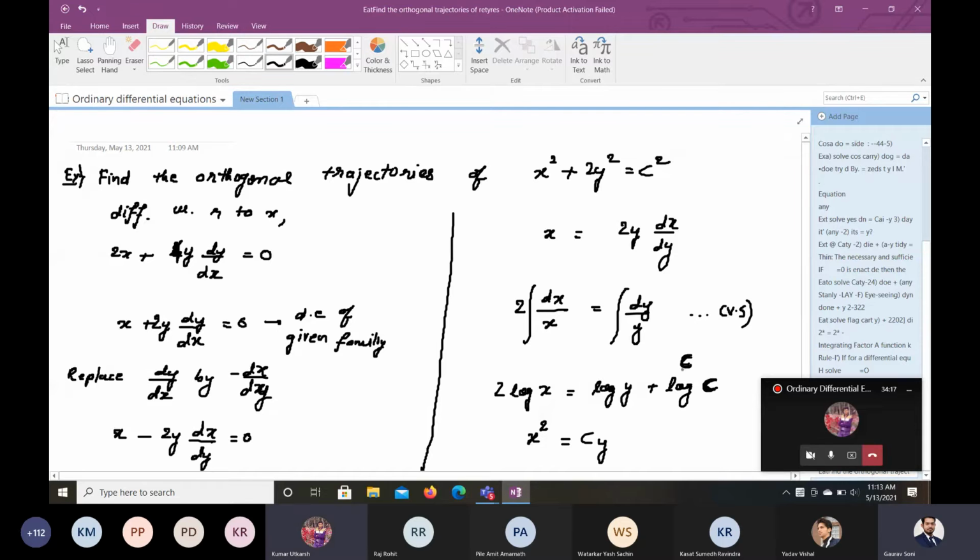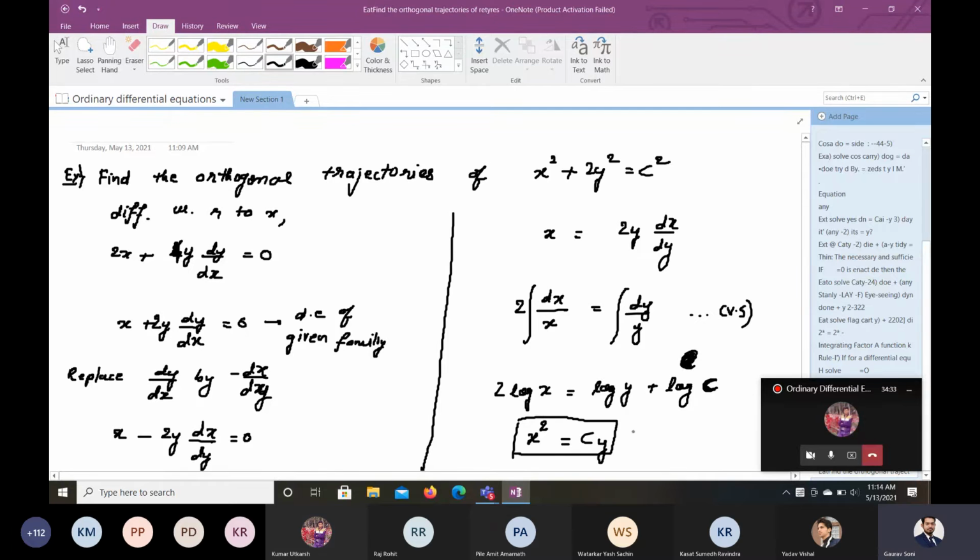So it doesn't matter whether I write c or log c. It will become a constant anyway. Okay. x square is equal to cy.